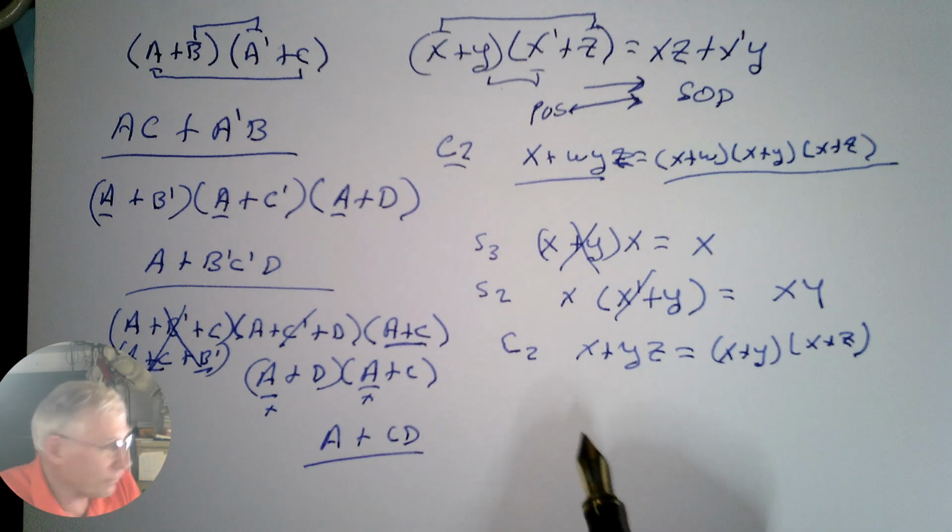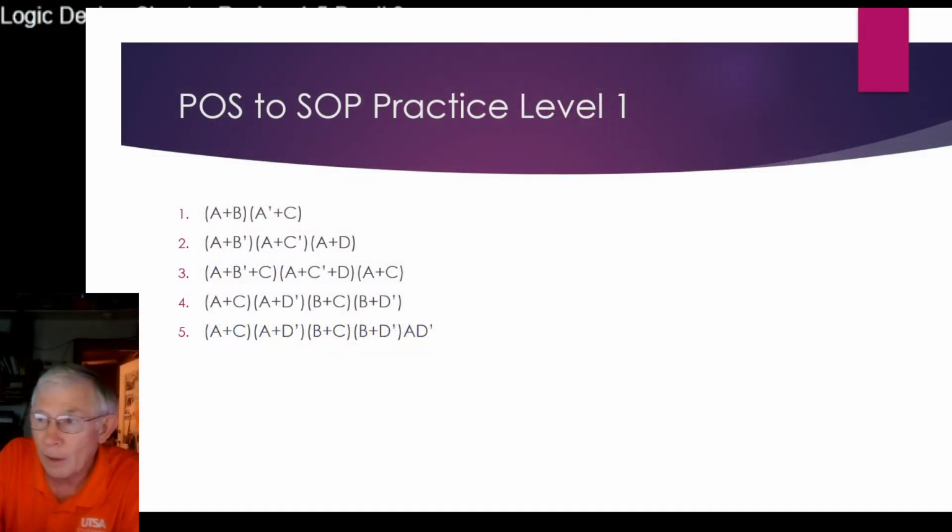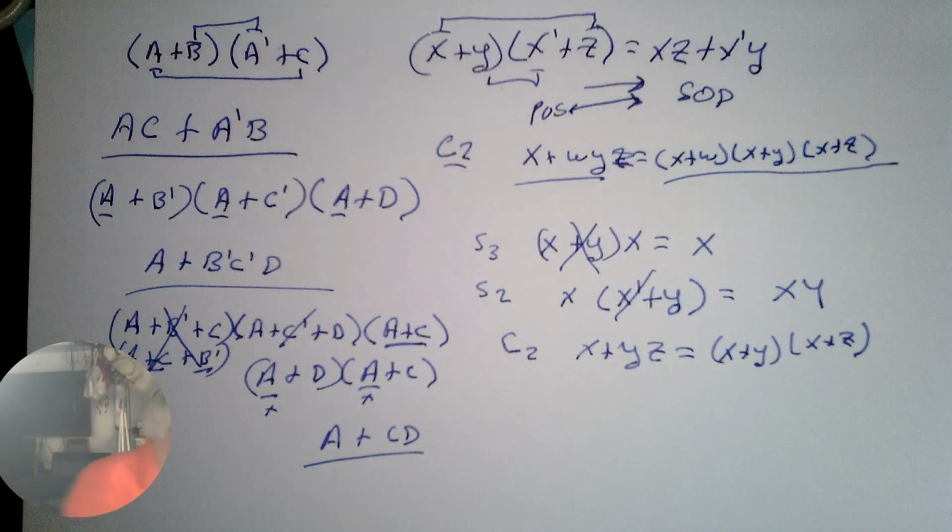All right, and then let's do the next one. So we have a plus c, a plus d prime, b plus c, and b plus d prime. So let's see what we have here. What can we do here? Well, let's write this down and let's think about it.